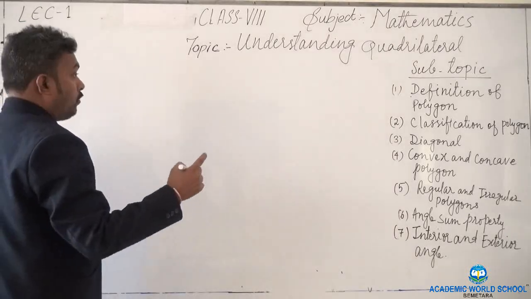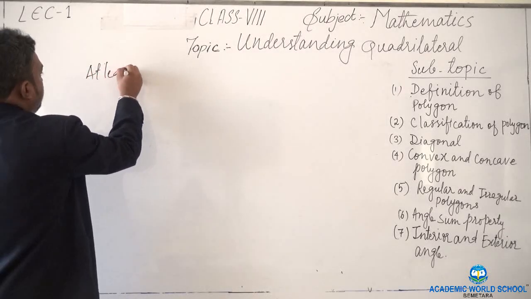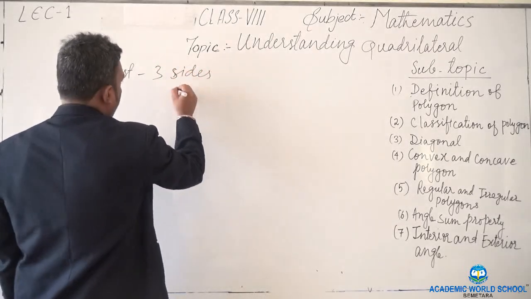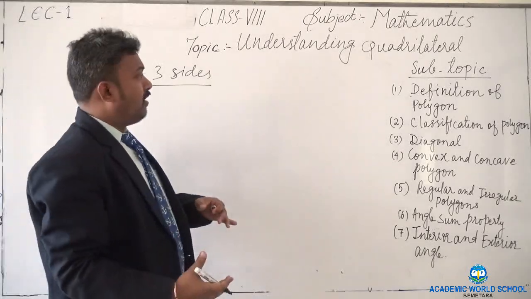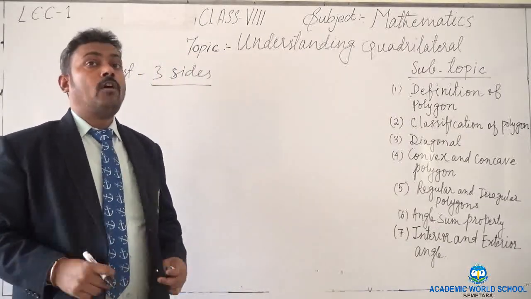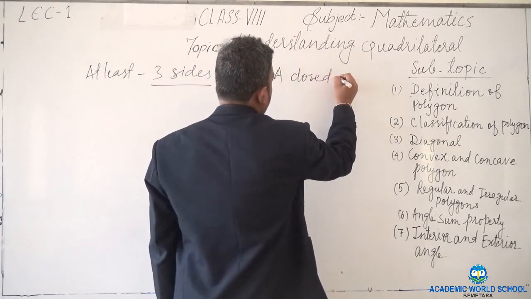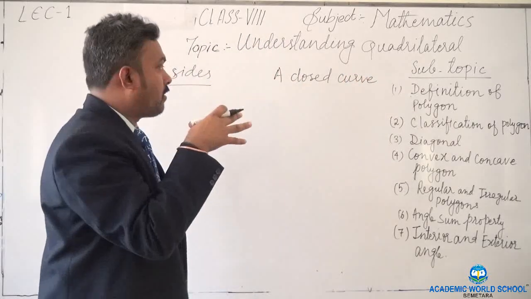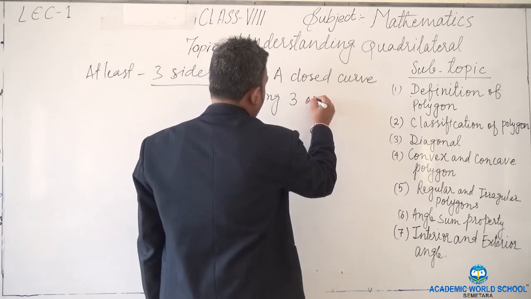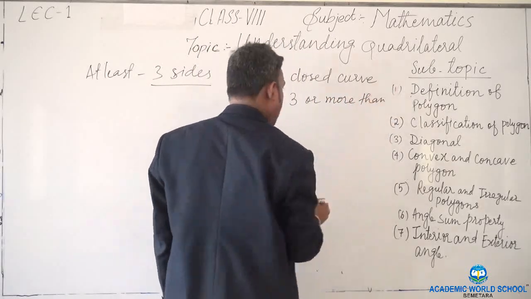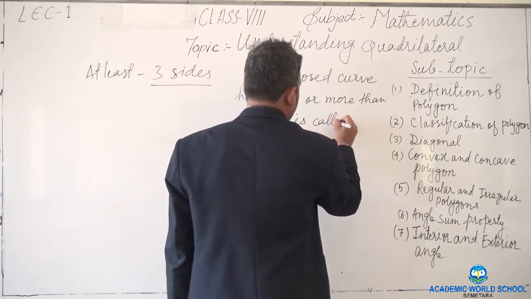So we define a polygon specifically: a closed curve having 3 or more than 3 sides is called a polygon.